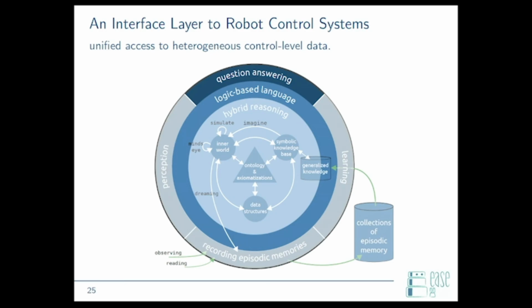Okay, so let me just stop here. I think the bottom line of what I've talked about in this lecture is that if we are thinking about knowledge representation and reasoning for robot control systems, it's not necessary to think that these systems are limited by what purely symbolic representations can do.